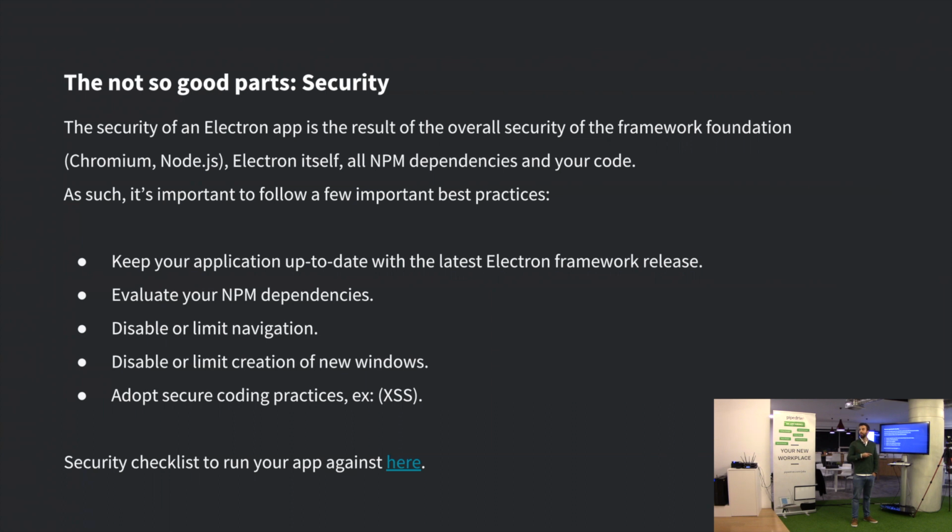And regarding the coding practices, at least have some cross-site scripting preoccupations in mind. And I've put a link there, which is a big and massive checklist that the guys have in the documentation page, and you can check it. But these are the key points.